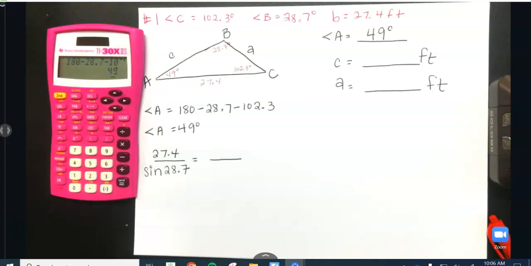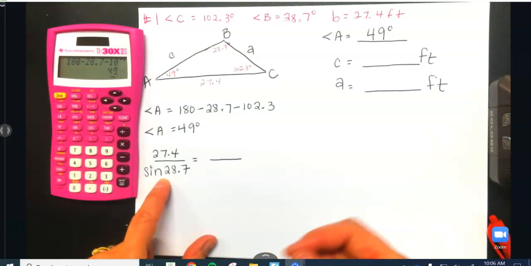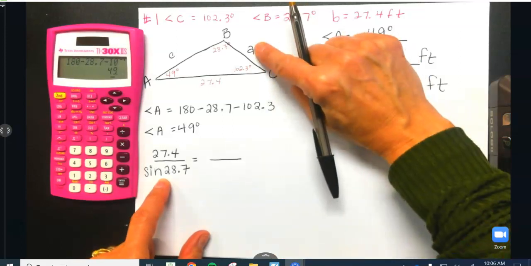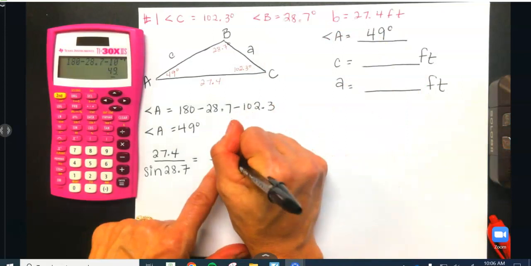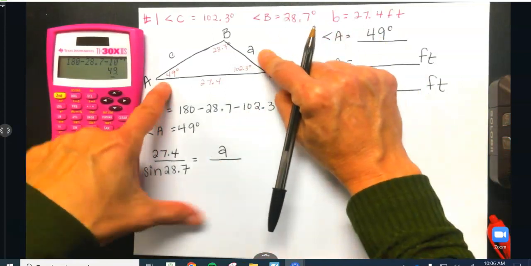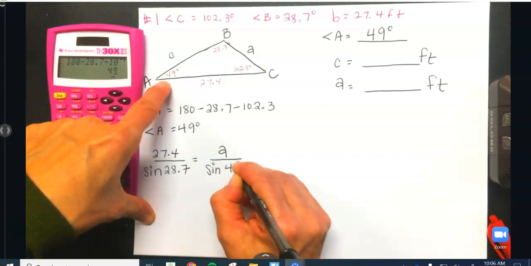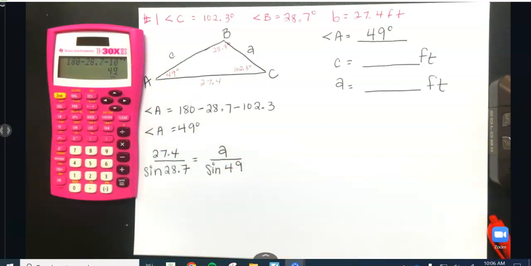If I put that in the calculator, whatever number I get is the exact same number as if I knew what leg a was, divided by sine 49, which is angle A. Same exact number.